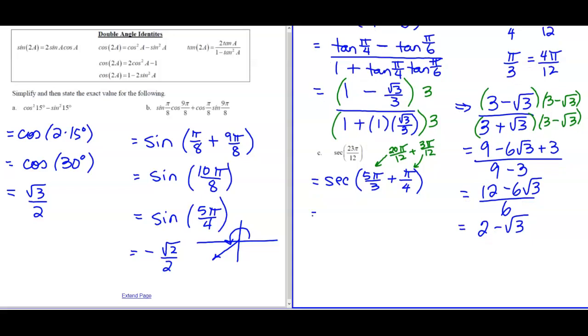Okay, remember secant is 1 over cos, so this is going to be cos. So what you might want to do is do the cos work on the side, right? Or you can put it all in there if you want, I guess.